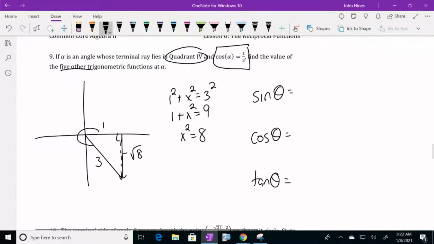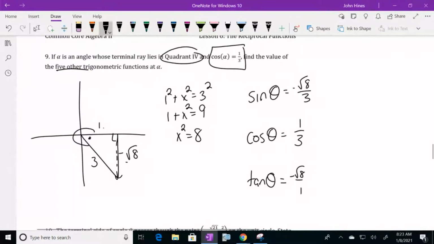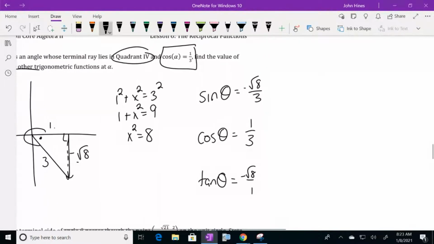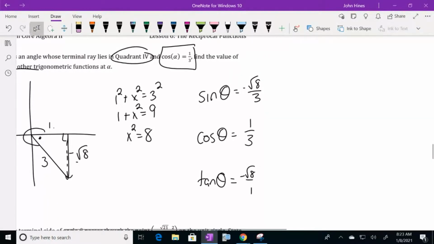The sine of my angle is negative radical 8 over 3. The cosine of my angle, well, we already knew that, is 1/3. And tangent, opposite over adjacent, there we go. But now we also have 3 other trigonometric functions, and it's just knowing who goes with who.